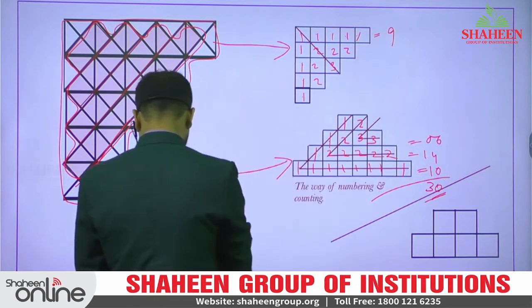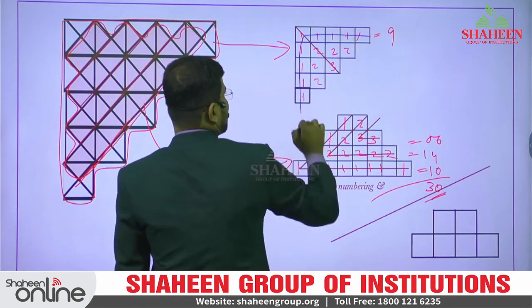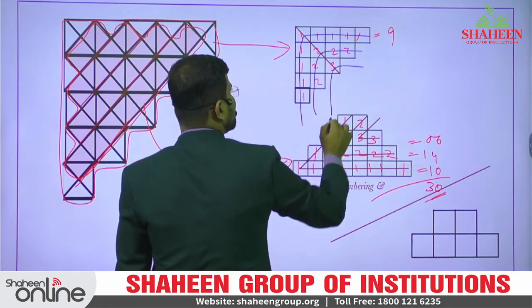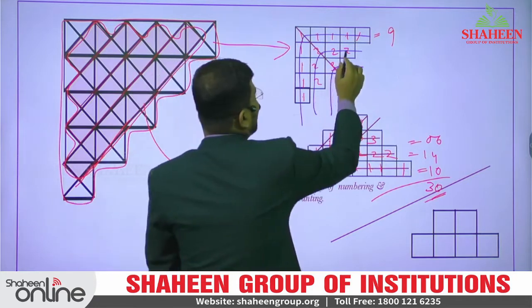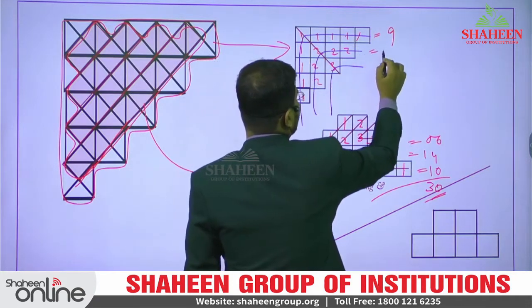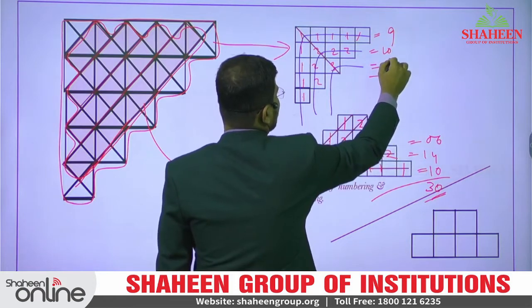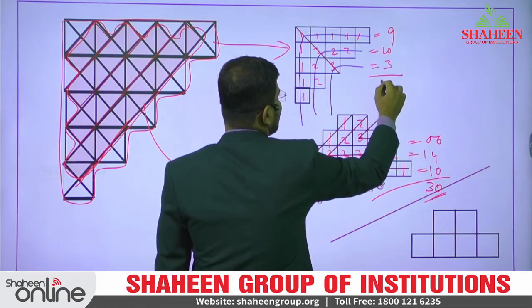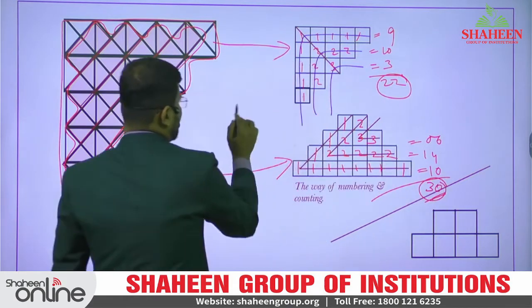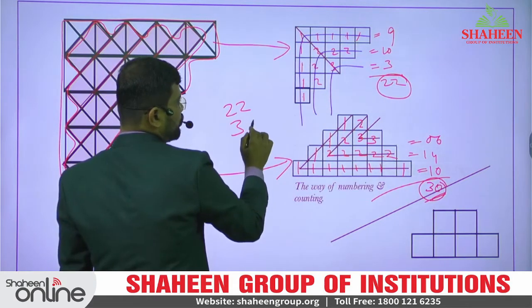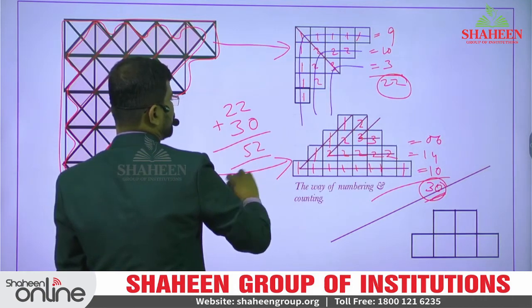Add 1, 1, 1, 2, 2, 2, 3, 3, 3 and so on. 1, 2, 3, 4, 5. 2 into 5 is 10. So this becomes 3. So 20, 22. Now add this 22 plus 30, that is 52.